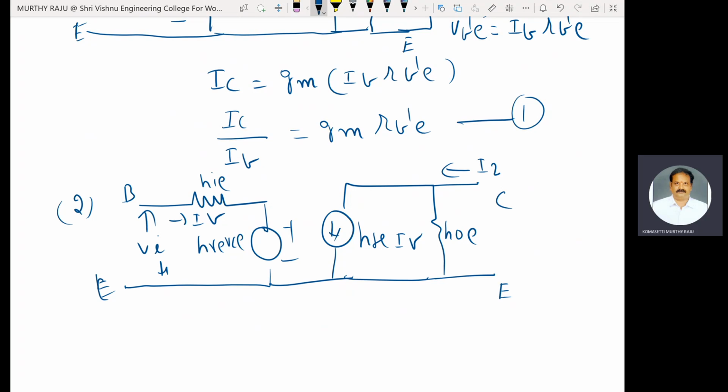Again, like the previous case, set VCE equal to 0. VCE equal to 0 means that it is shorted at this point. Apply nodal analysis here. I2 is equal to IC.